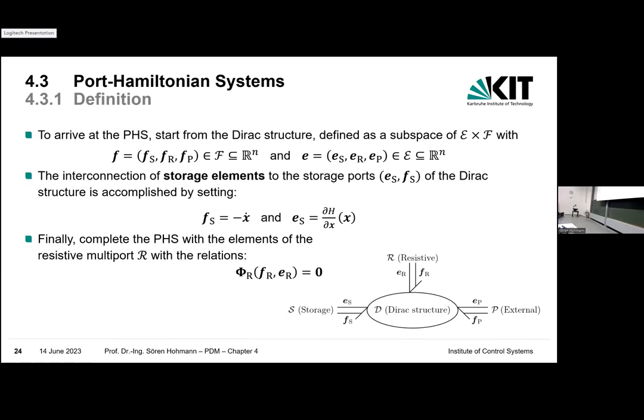In the first step, we just look at storage elements which produce efforts by means of the derivation. So, capacitive source here. Second, we also know that the accumulated variables define the state. Nothing new for us.